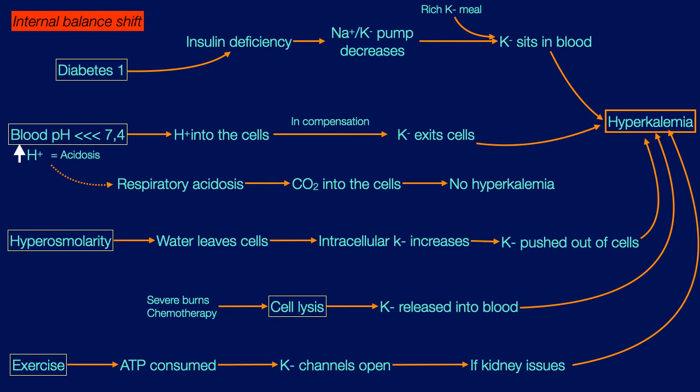A final example of internal potassium balance leading to hyperkalemia is exercise. During exercise, while the body cells are working harder, more cellular ATP gets consumed. The depletion of ATP triggers potassium channels on the membrane of the muscle cells to open up, which allows potassium to move down its electrochemical gradient and out of the cell.